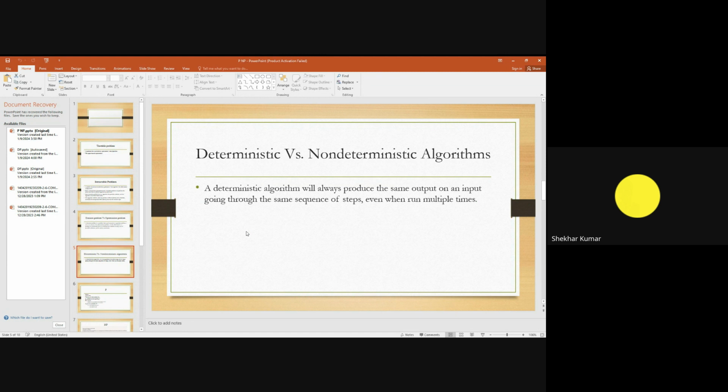So the common resources are time and space. We will always talk about time and space. It means how much time the algorithm takes to solve the problem, as well as the memory used.